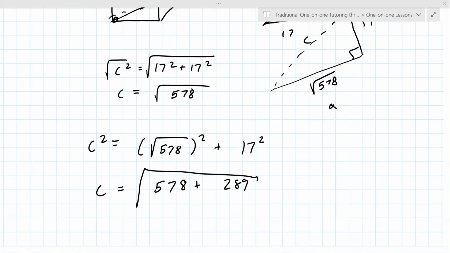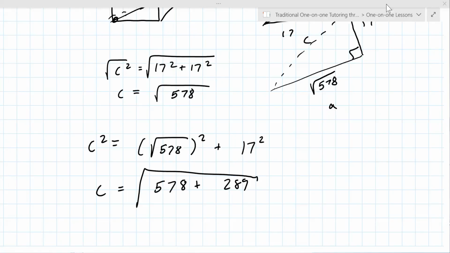Let me just write all this down. I get 29.4.